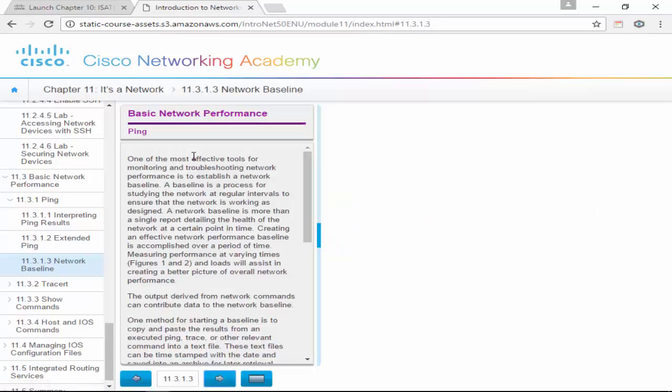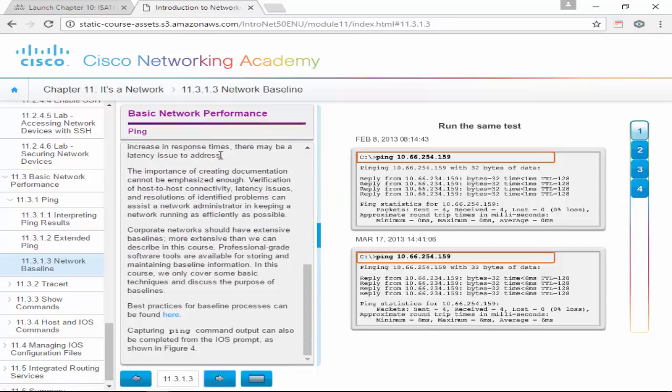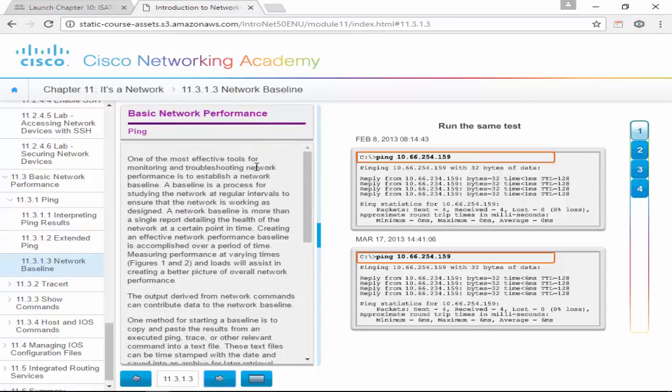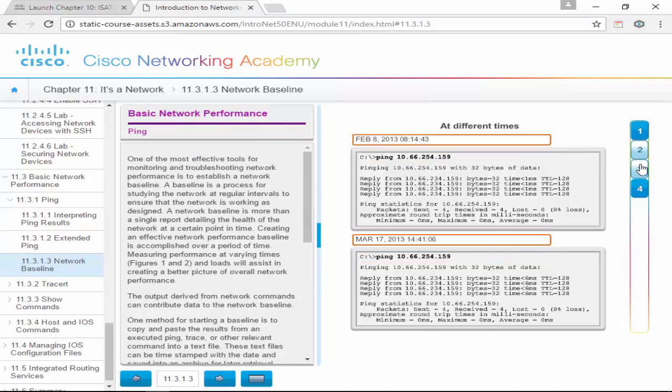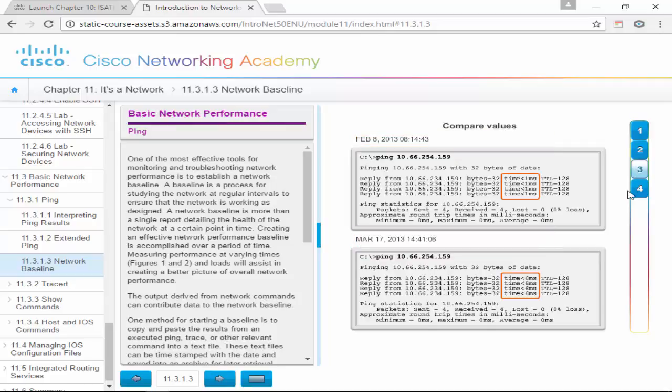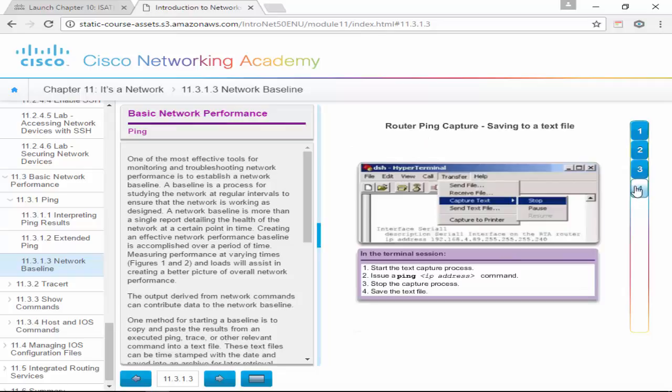So here's network baseline. Network baseline is going to help us. We want to run the test at different dates, right, and see what's going on.